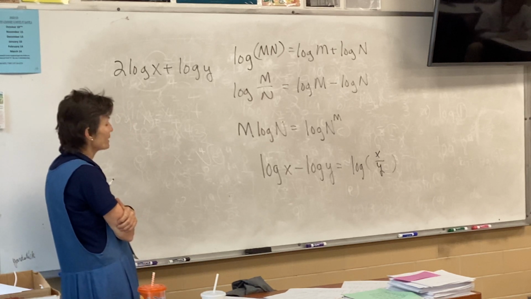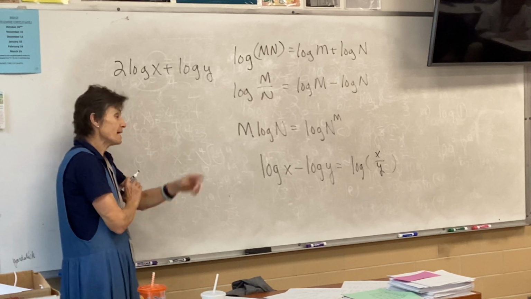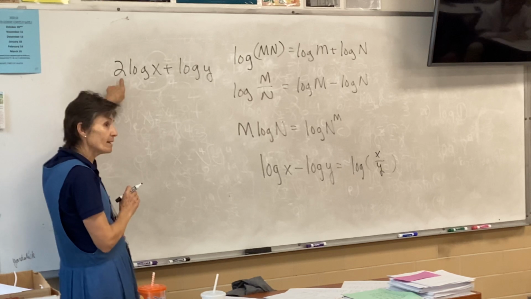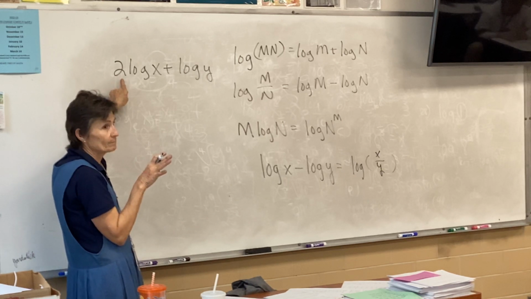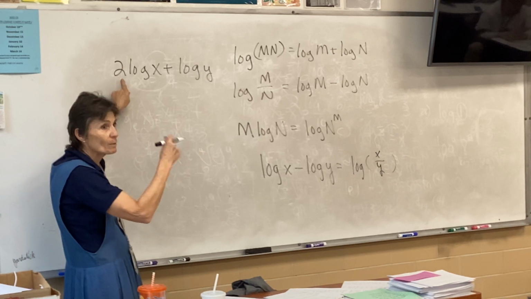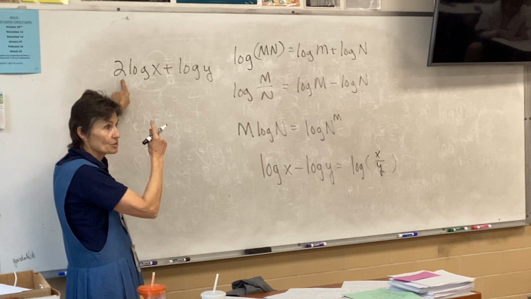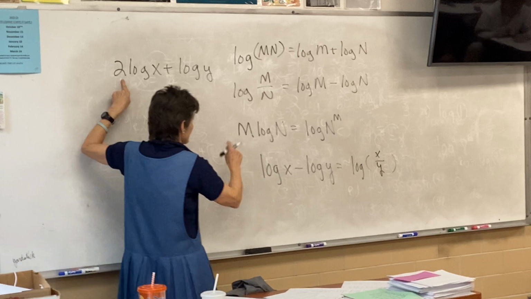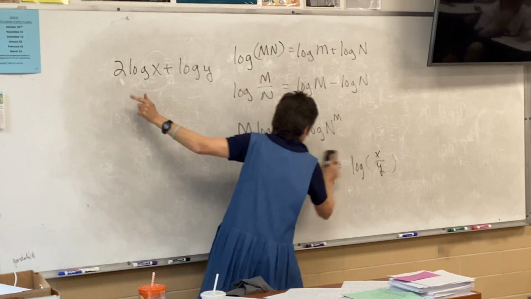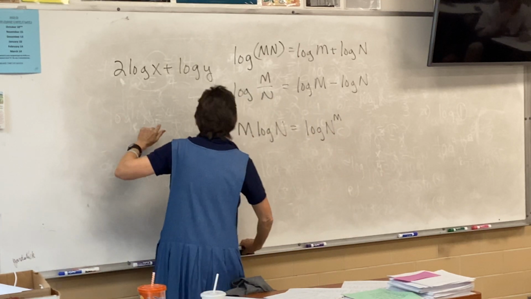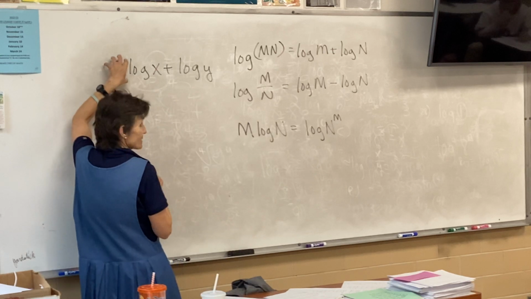All right, so here we go. Look carefully. See that right there? We got to deal with that. Before we do anything, we have to deal with that. So, look at your rules. This is not a rule. Look at your rules. Do you see anything that's got something out in front?